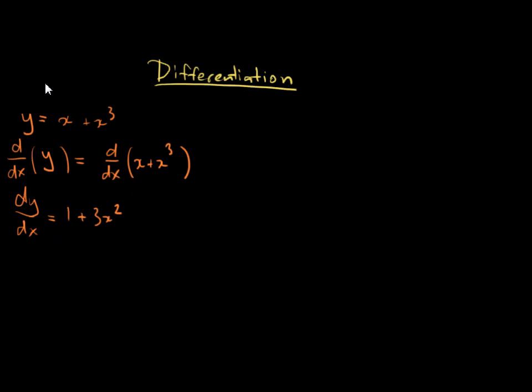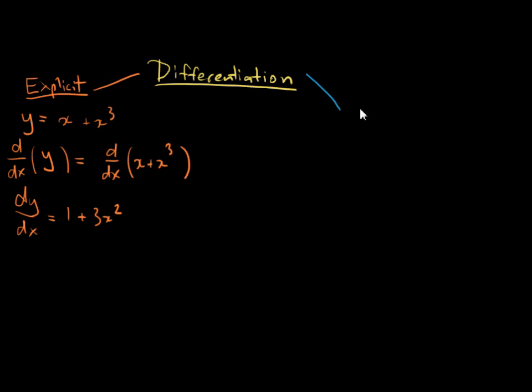This form of differentiation is called explicit differentiation because here we've got y explicitly given in terms of x. Another way to think about it is we have the dependent variable given explicitly in terms of the independent variable x. That's the first type of differentiation.